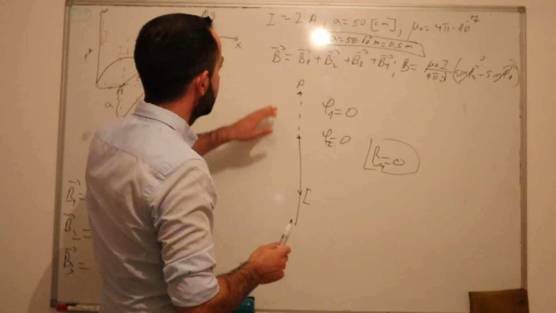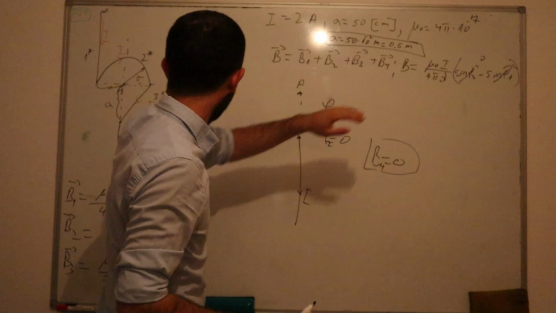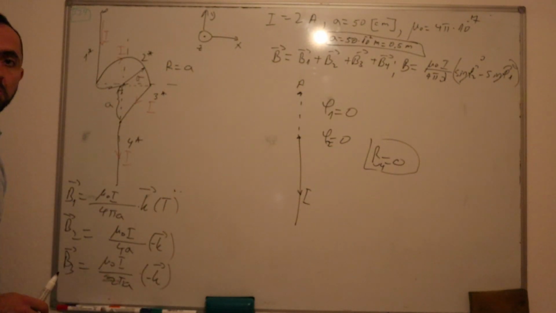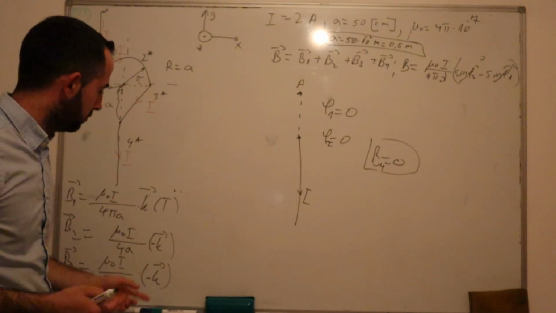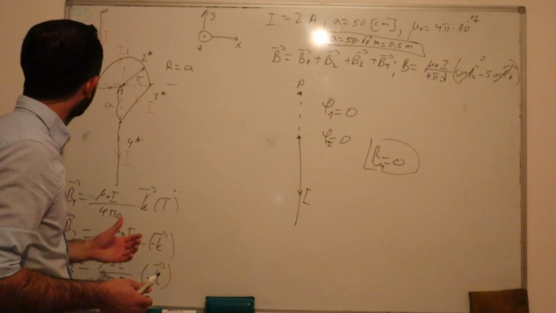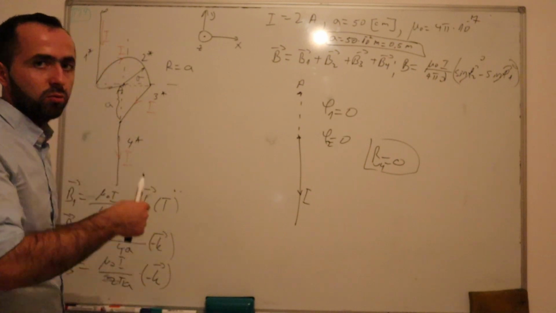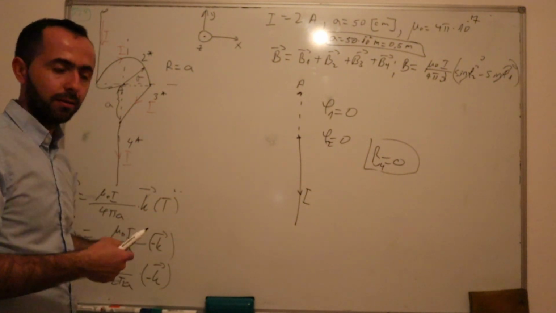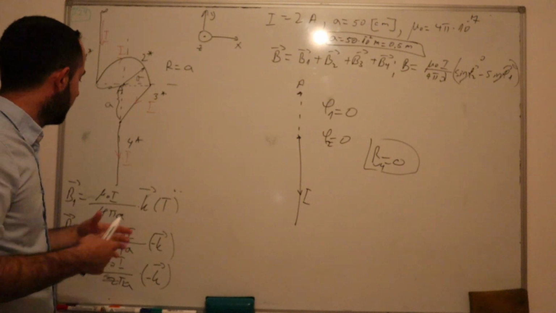And now our resultant B is the sum of all these vectors. You didn't have to write all of these vectors. You could just say, okay, this has this direction, it will be positive, this has that direction, it will be negative, and such.